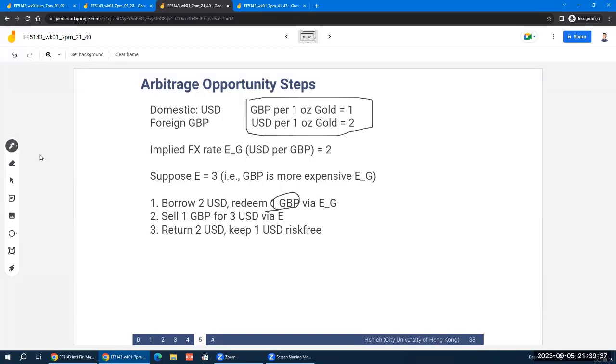That's right, because you are selling British pounds, and that's going to push E towards EG, right? So the British pound is expensive at $3. But if I keep shorting it, if I keep selling it, it's going to decrease in value. And it's going to decrease to the point that I can no longer exploit this strategy. And that's when E equals EG.